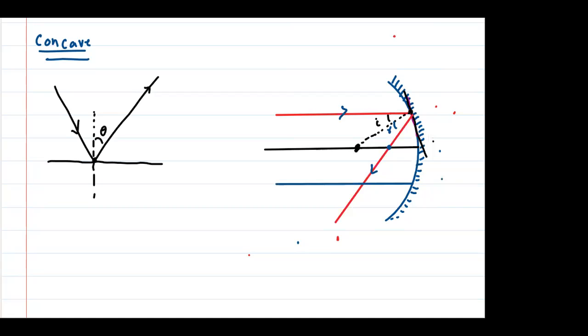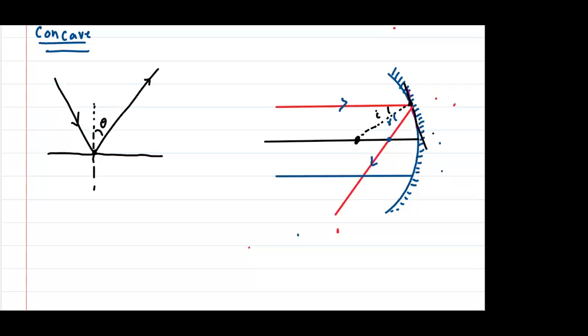This is the property: this line will also pass through this point. So any line which is parallel to the principal axis will pass through this point only. Got it? This is a property of the concave mirror.